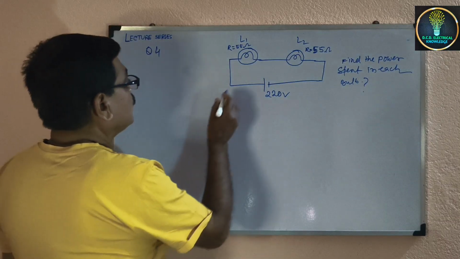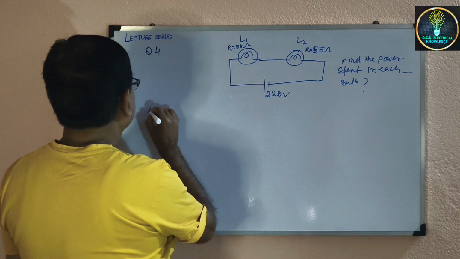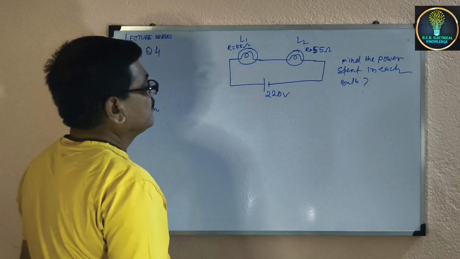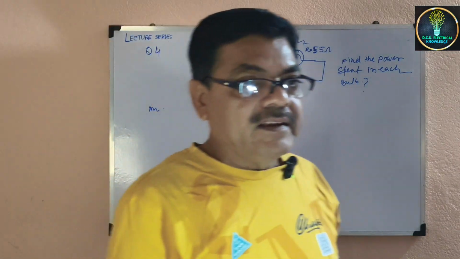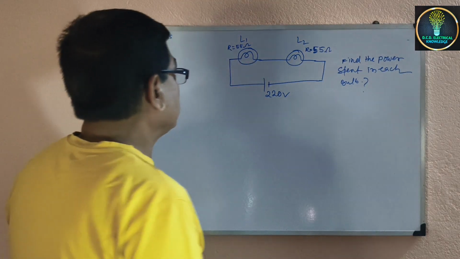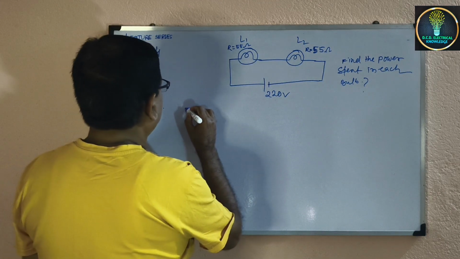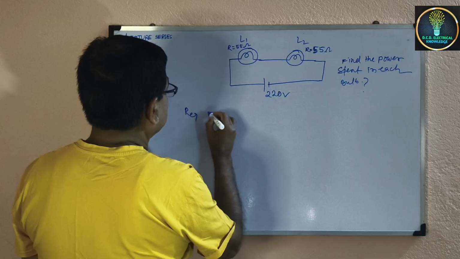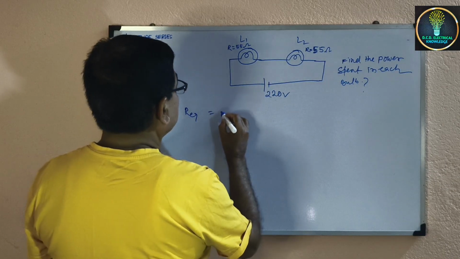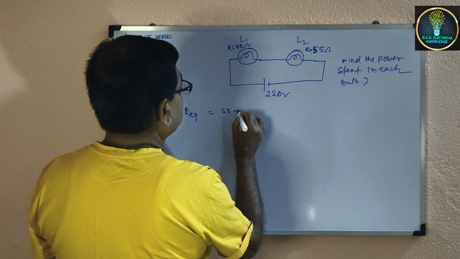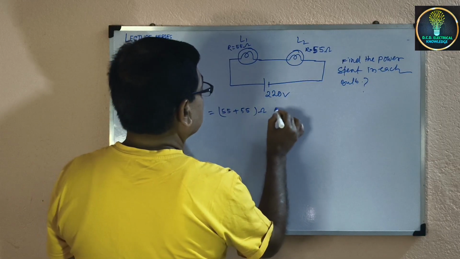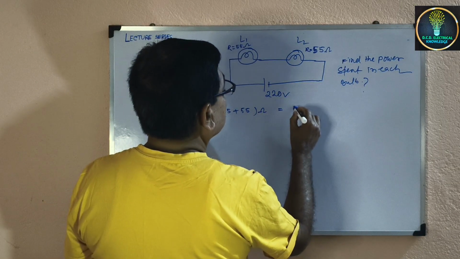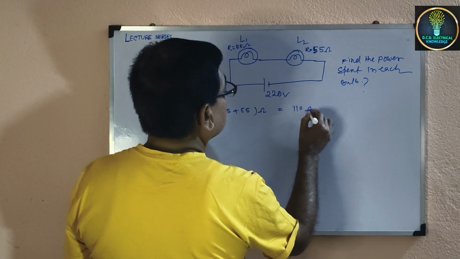Since the two lamps are connected in series, the equivalent resistance is equal to the summation of 55 plus 55 ohms, that is 110 ohms.